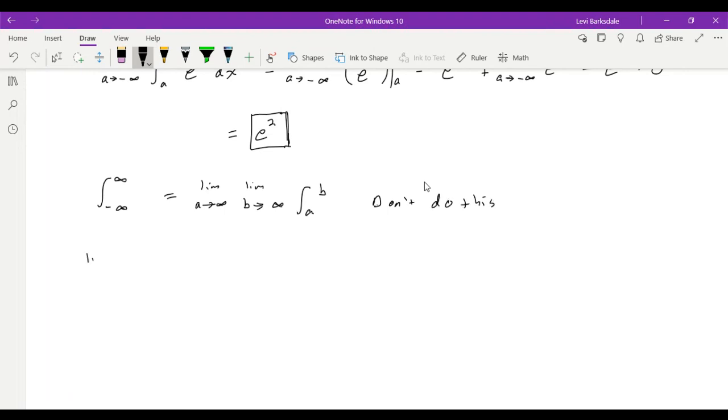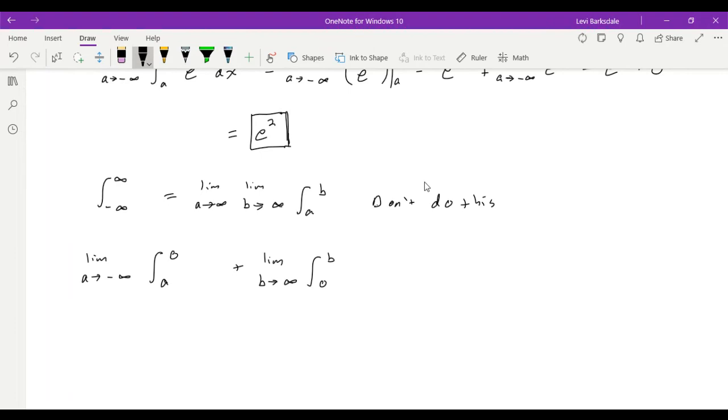Instead, what you're supposed to do is split it up into 2 integrals. You can pick any arbitrary point, and split it up so you only have to write one limit at a time, like this.